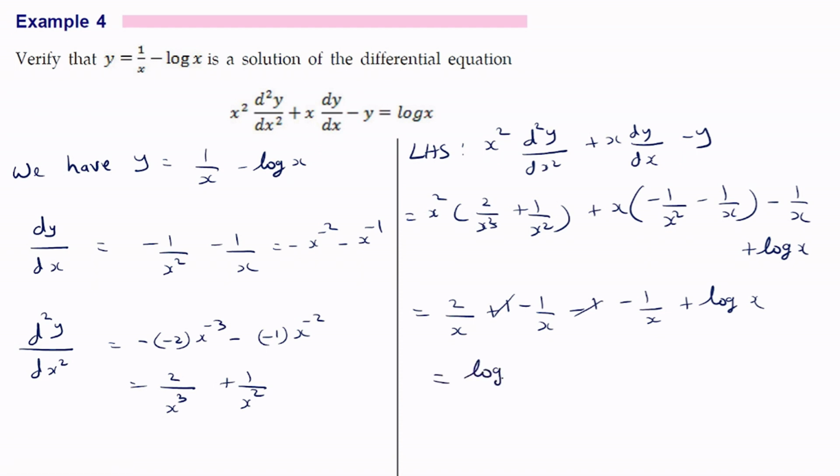We are left with log x. This is equal to the right hand side. So we got left hand side equal to the right hand side. Therefore, the given function is the solution.